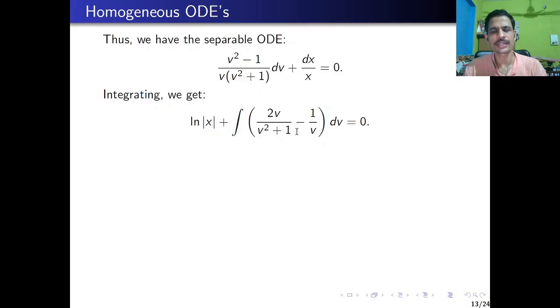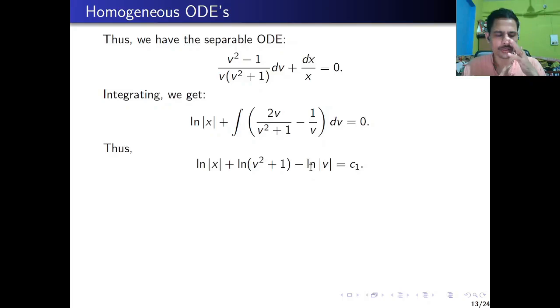So this particular thing's integration is also in terms of log, and this quantity is also in terms of log. So you have ln|x| plus ln(v^2 + 1) minus ln|v|. By ln I mean log to the base e, and this is equal to the integration constant c1. So you can rewrite it as x(v^2 + 1)/v is equal to some constant.